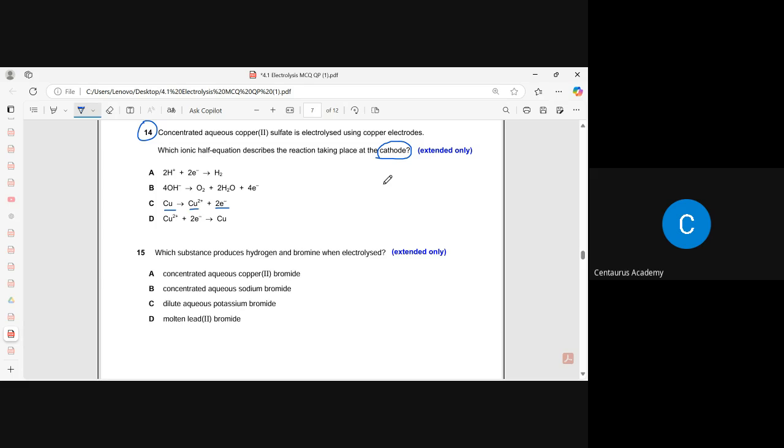Why? If you remember, in the last class, we discussed this. Do you remember this mnemonic, red cat? This means that reduction always takes place at the cathode, and reduction means that there is going to be a gain of electrons. Electrons have to be gained onto the cathode.